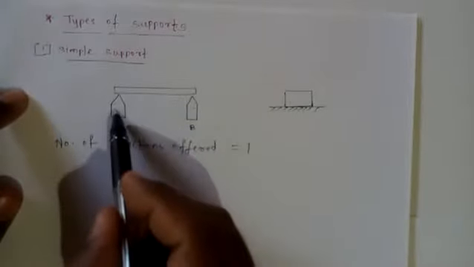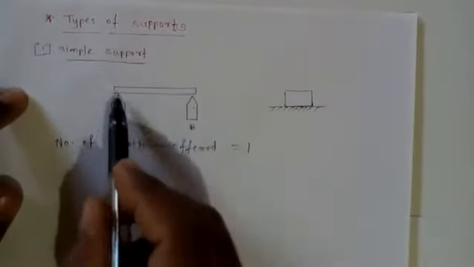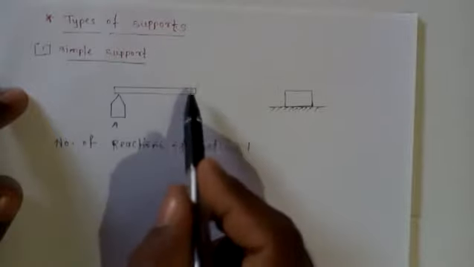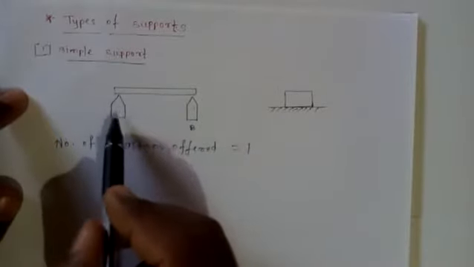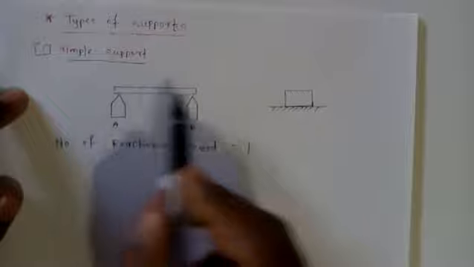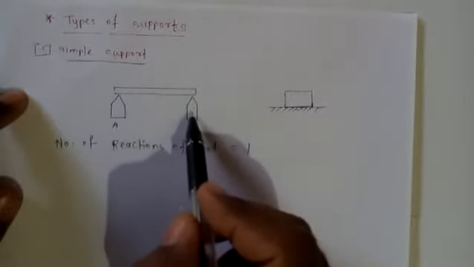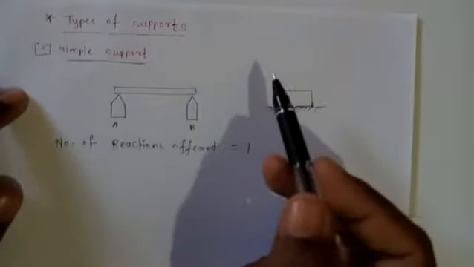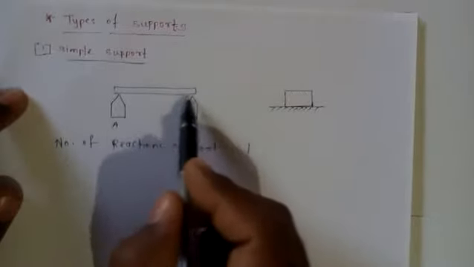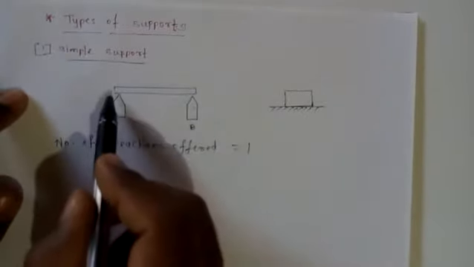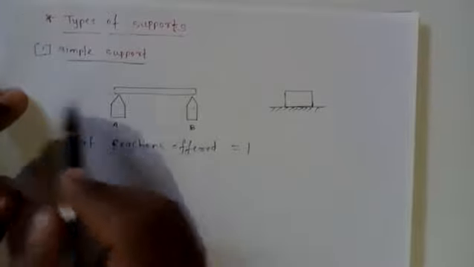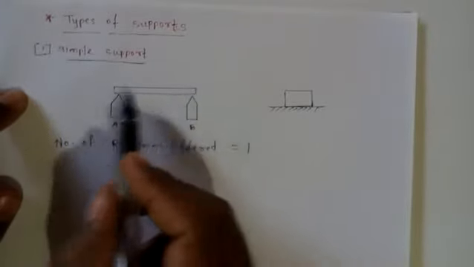That means support A and support B will be offering two reactions in the upward directions. That is, support A is offering one reaction in the upward direction, support B is also offering one reaction in the upward direction. But you can see this beam is free to move towards the right side as well as towards the left side. This beam can move towards right as well as left.